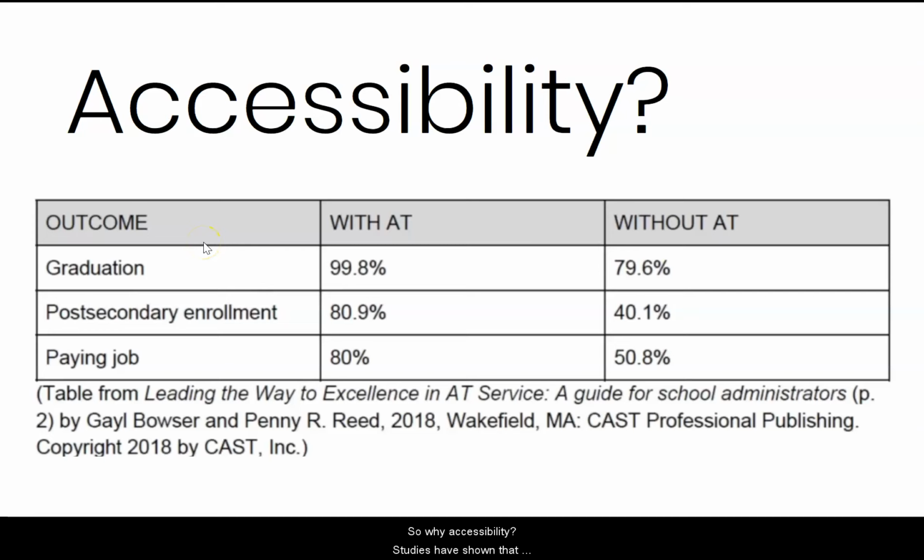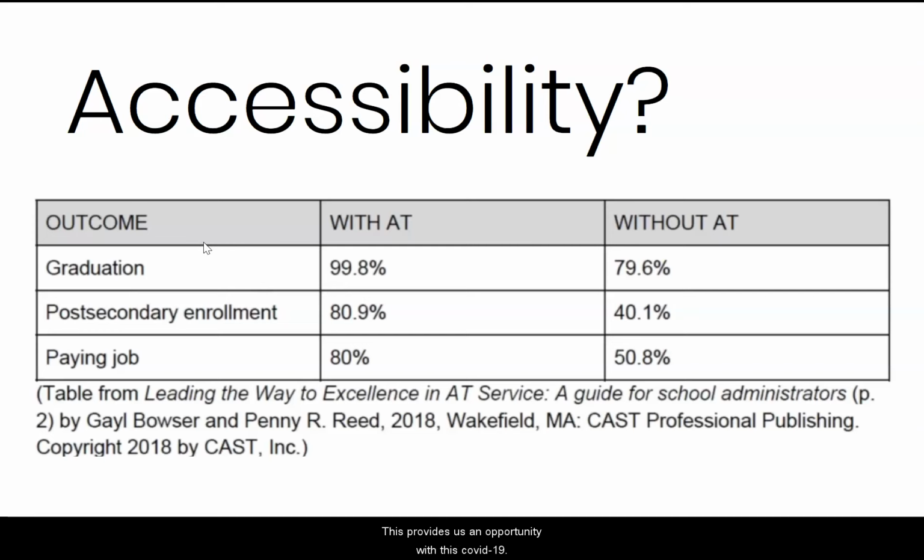So why accessibility? Studies have shown that students with disabilities that actually use assistive technology tools or the built-in accessibility features that are available to everyone do better in life, higher graduation, they do better in college, and they have higher success rates with jobs.